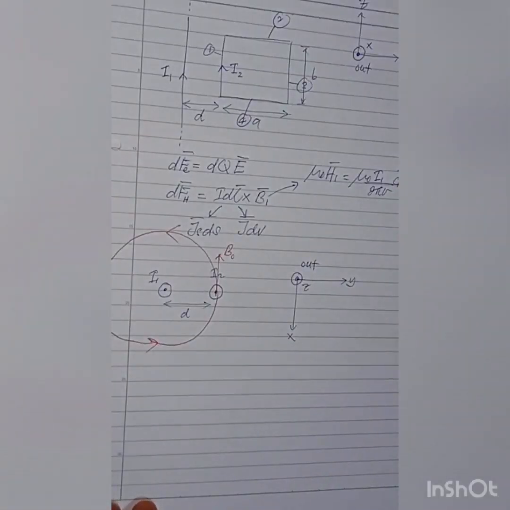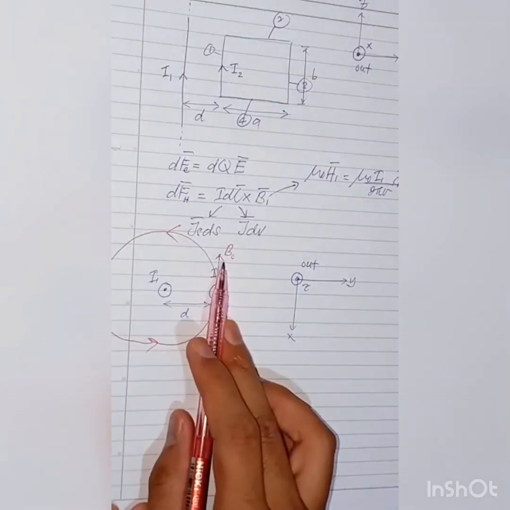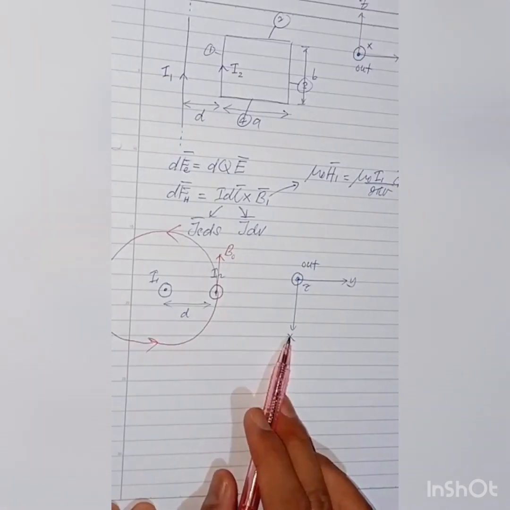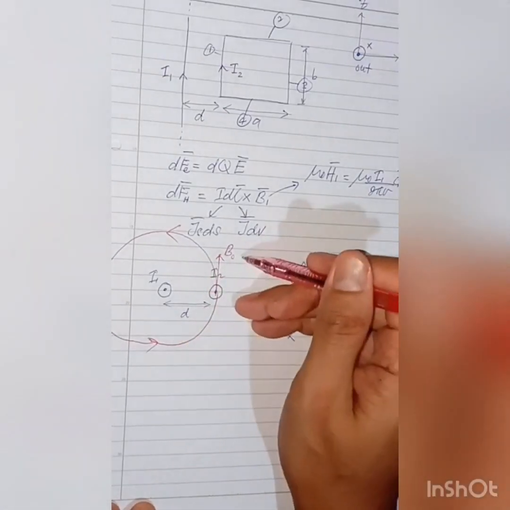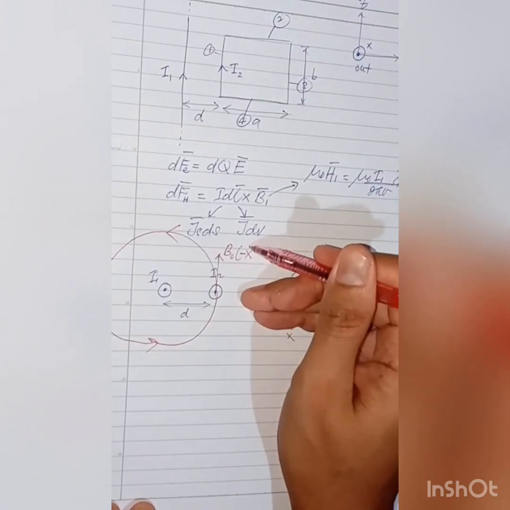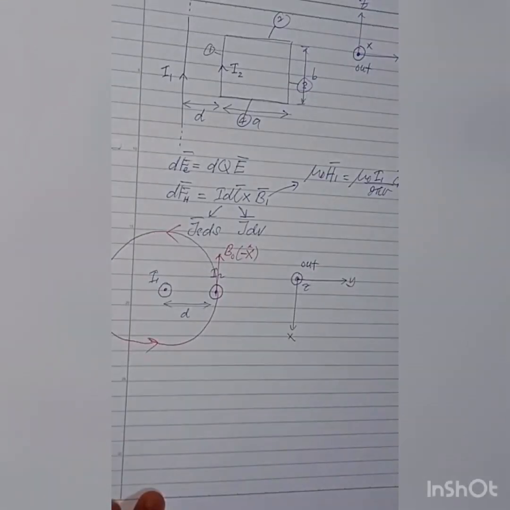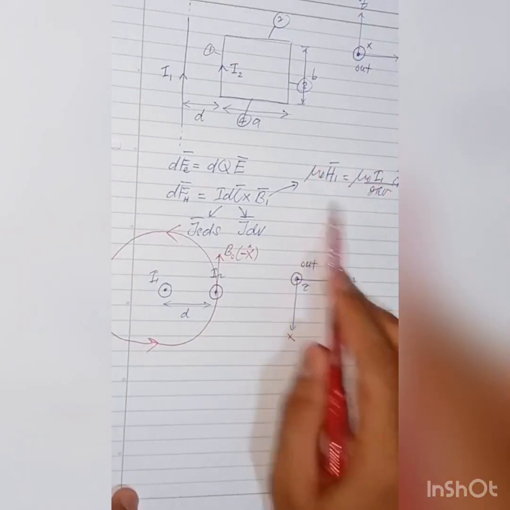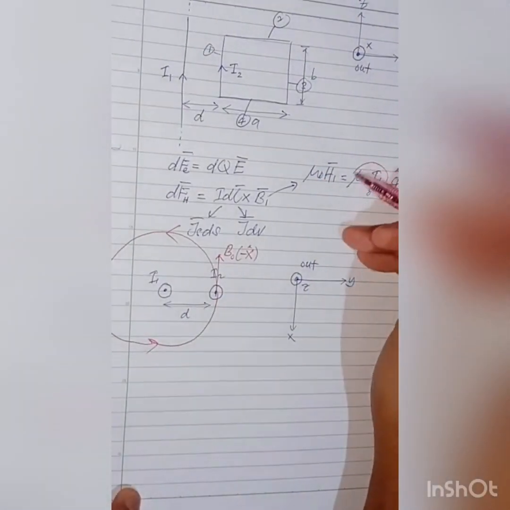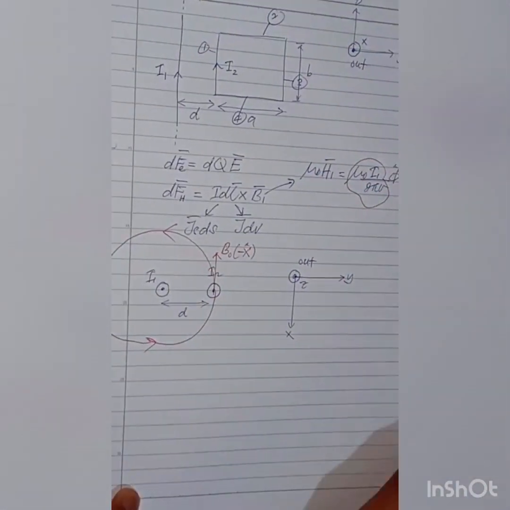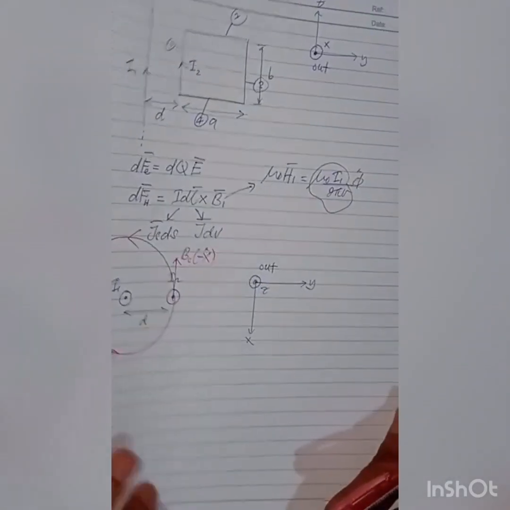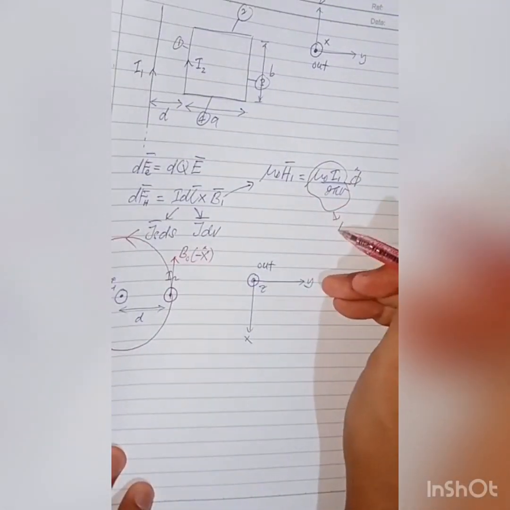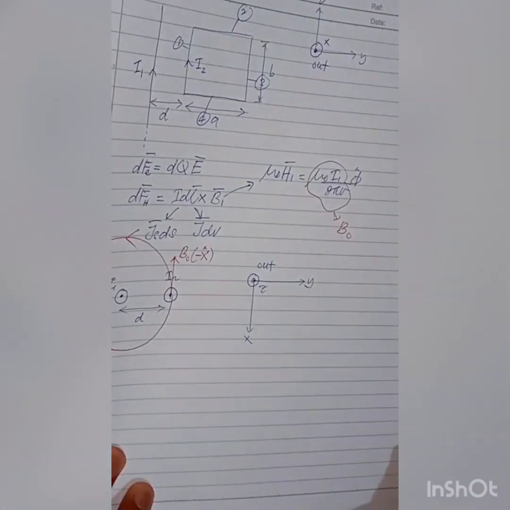Okay, so now we know that this B field is against the positive X direction, so for sure this B field has a direction of negative X. Okay guys, for this we know that this is our B, right? So this whole term refers to your B magnitude or B naught.